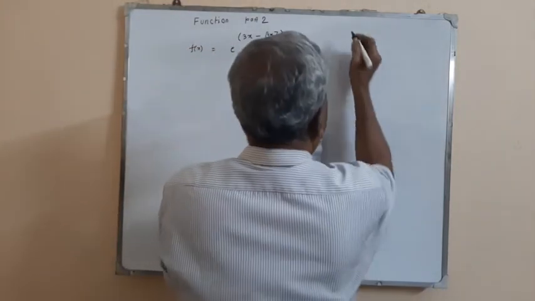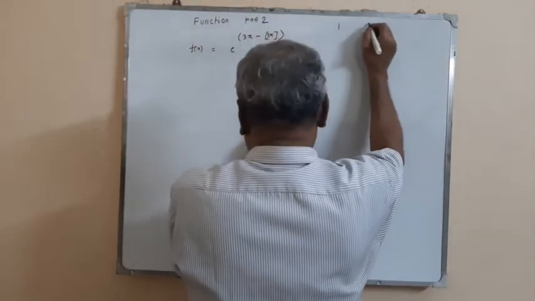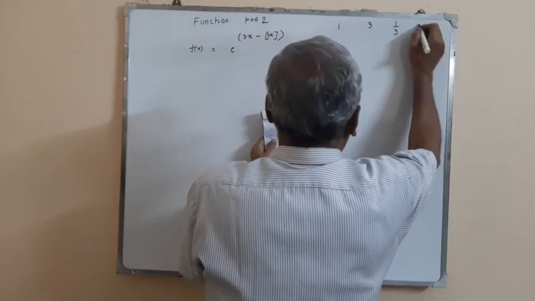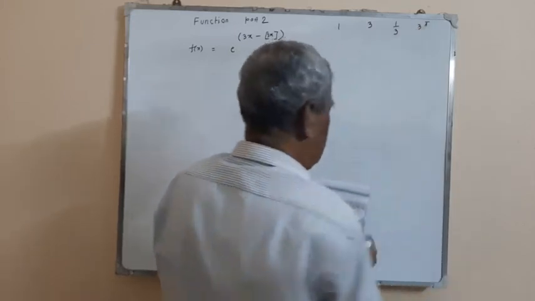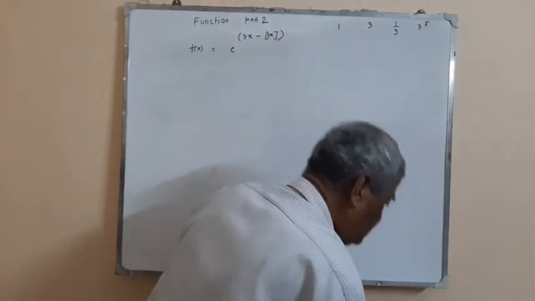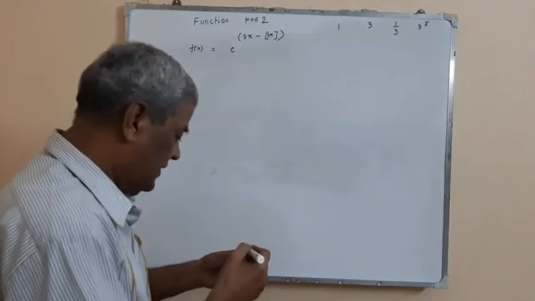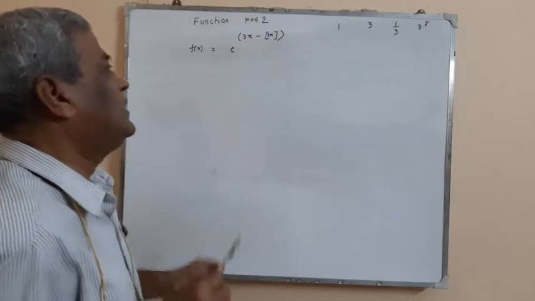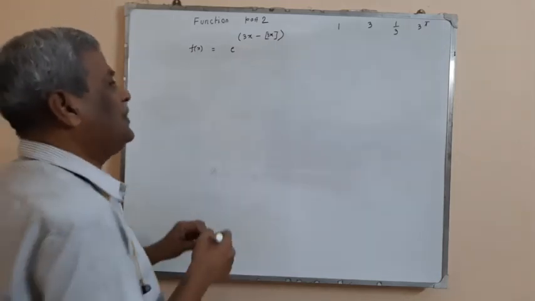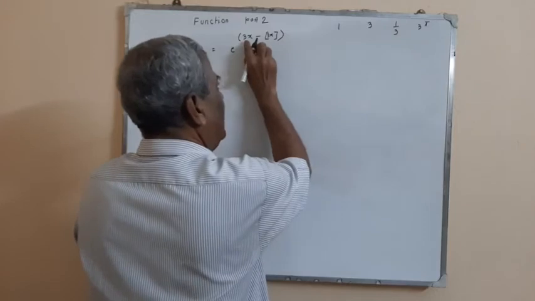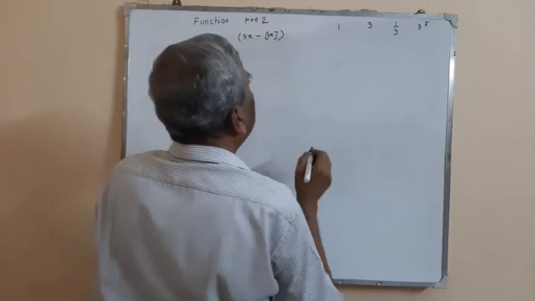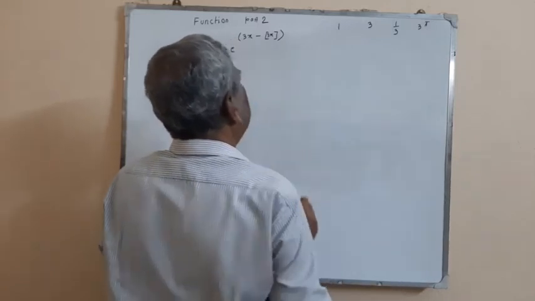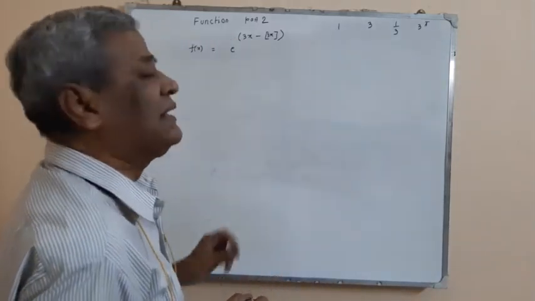So options are 1, 3, 1 by 3 and 3 pi. The power actually is 3x minus the integral part of 3x. That is of the type x minus the integral part of x. That's it. That is the decimal part of that.